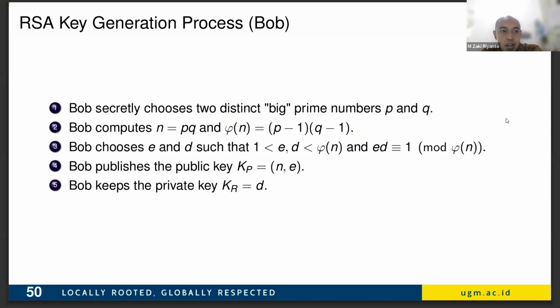So here is the RSA key generation. If Alice wants to send a secret message to Bob, then the first thing is that Bob chooses two distinct prime numbers, P and Q, and then Bob computes the value of n, that is the multiplication of P and Q, and Bob also computes the Euler phi function φ(n), that is (P minus 1)(Q minus 1), and then Bob chooses two integers, E and D, such that E times D is 1 modulo φ(n).